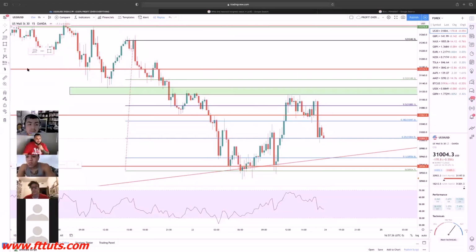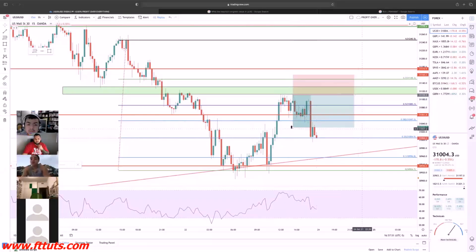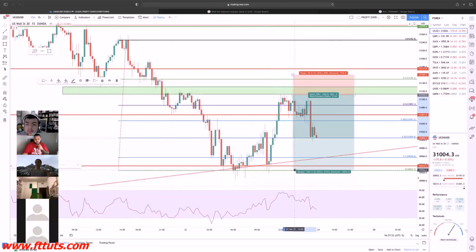But for example, I'll give you an example of this trade right here. So let's say we did enter here in the zone. We put the stop loss right here. That would be only 40 points. But we can do 50 to give it a little leeway. So that's perfect. Our target will be right here. So right there, you have a 1 to almost 4 ratio.